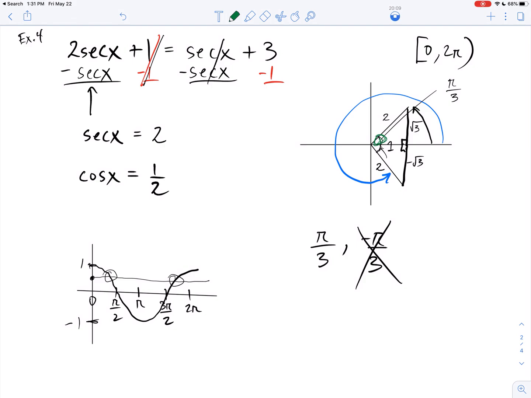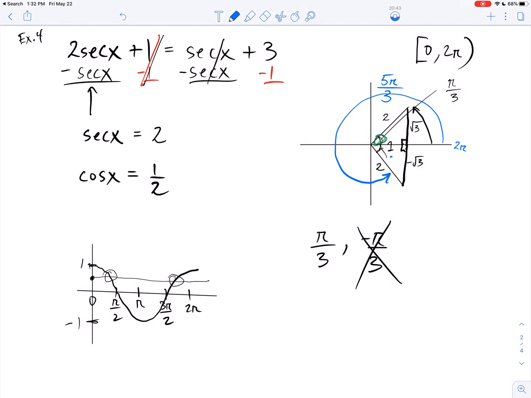But the blue angle that they want me to find is found by going all the way around. So I would say this is 2 pi. Take away that pi third. And if you have to, do it on a calculator. But if you're looking at your bow tie, you know that that's going to be a 5 pi thirds angle to get me all the way around to 2 pi.